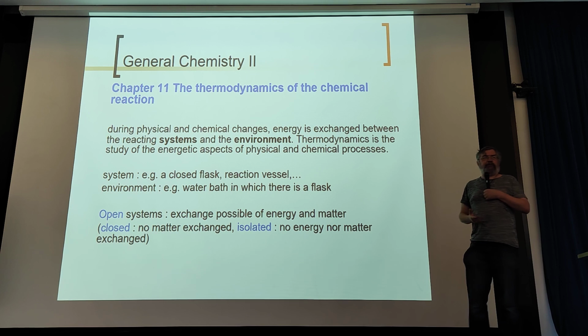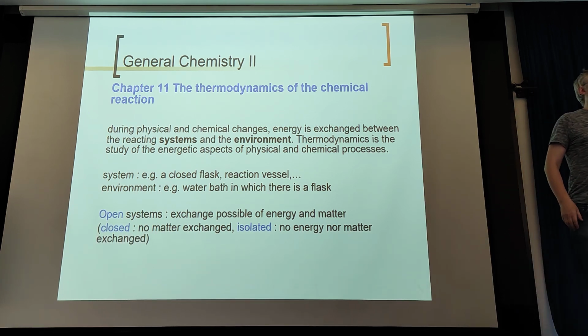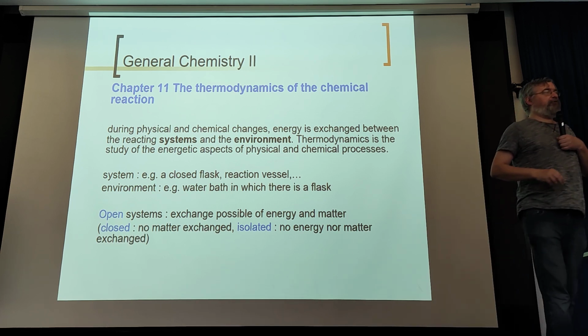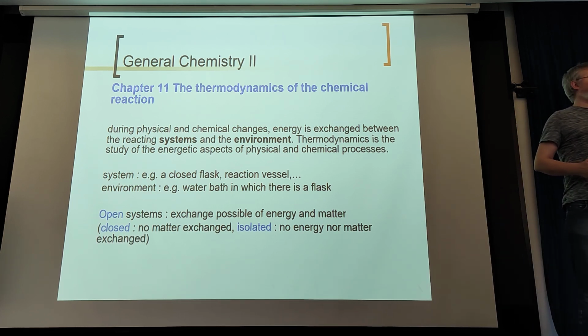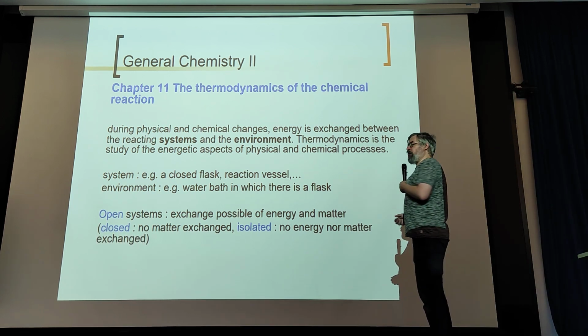Now, we can consider different types of systems. A system could be open. That means there's a free exchange. Matter and energy could be exchanged between the system and the environment. That's typically something in a chemical lab you don't want. You want to contain your chemicals in a flask. You don't want the system to be open, you want it to be closed. In a closed system, there is no matter exchange.